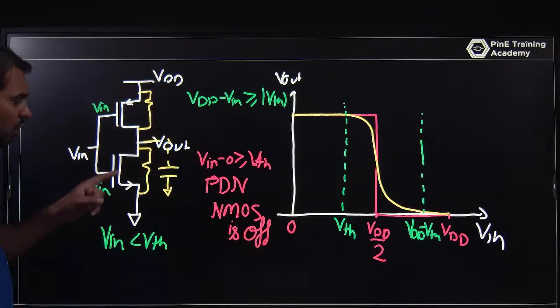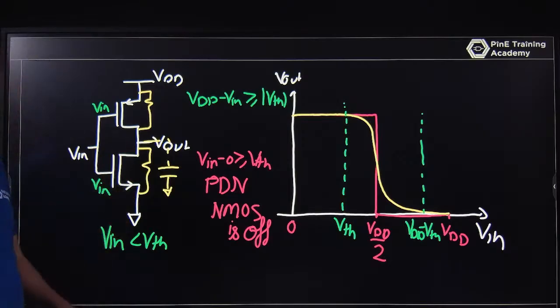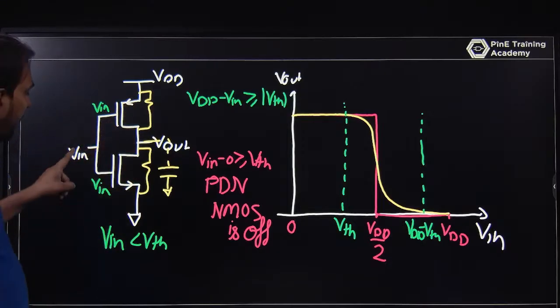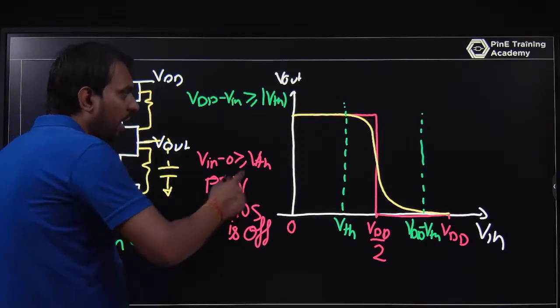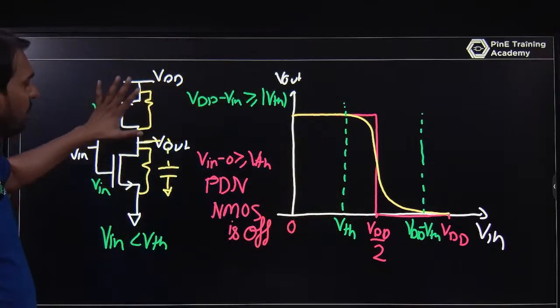If NMOS is off, that means it is an open circuit, so the current through the NMOS is 0. If Vin is less than VTN, the NMOS is off, and the PMOS will provide the higher voltage. Why? Because only the PMOS is on.